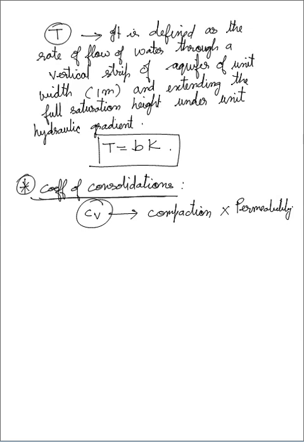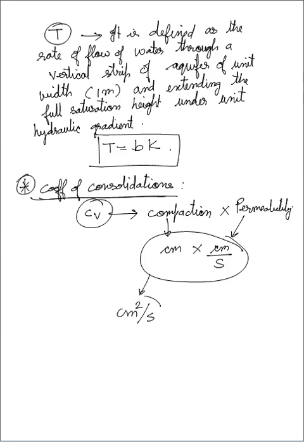Compaction, it is how much distance it is compacted, so it is in centimeter, and the unit of permeability, suppose it is in centimeter per second. If I combine both these concepts, CV will have unit centimeter square per second. Got it? So this is the unit. It is a combination of two concepts, compaction and permeability, which gives rise to consolidation.